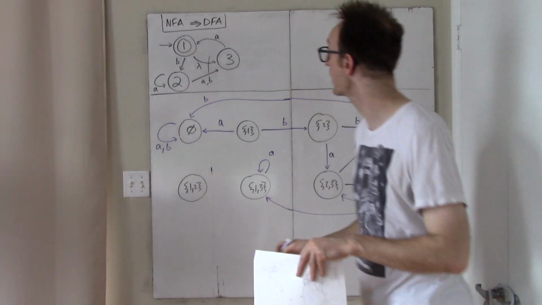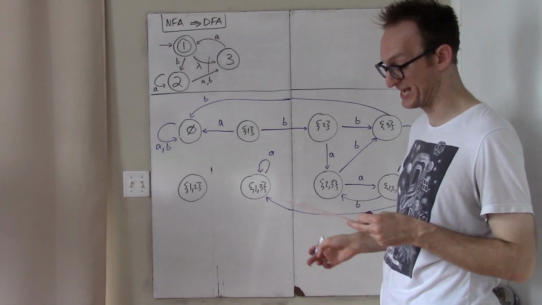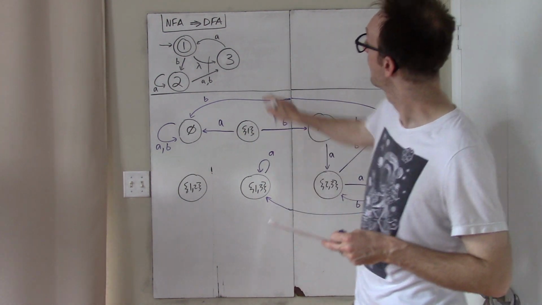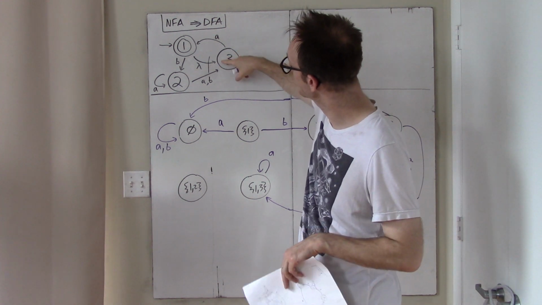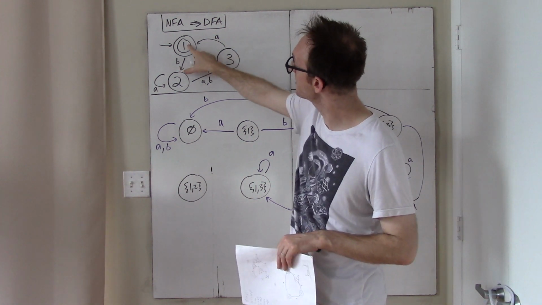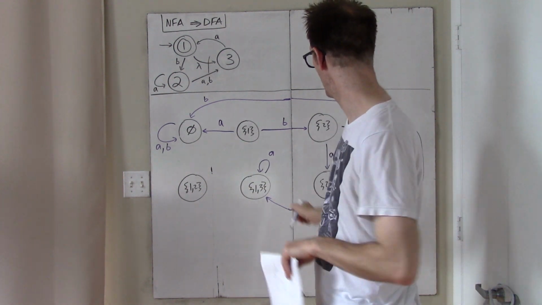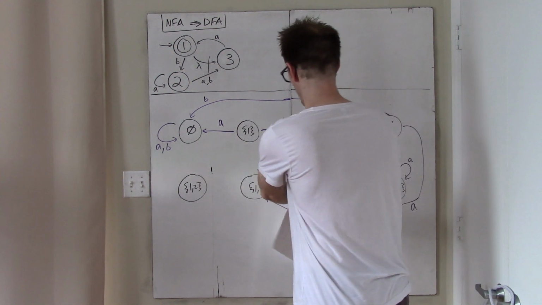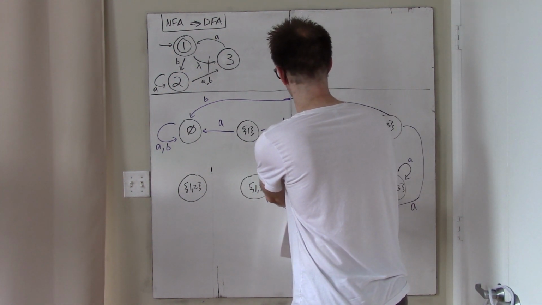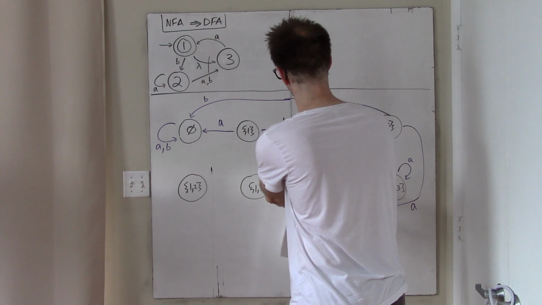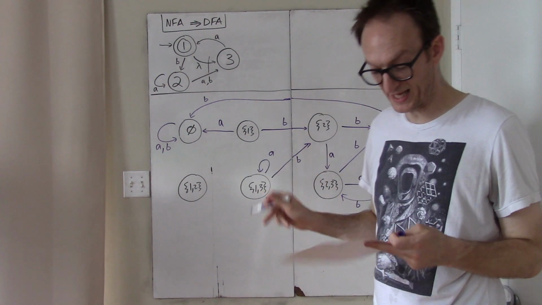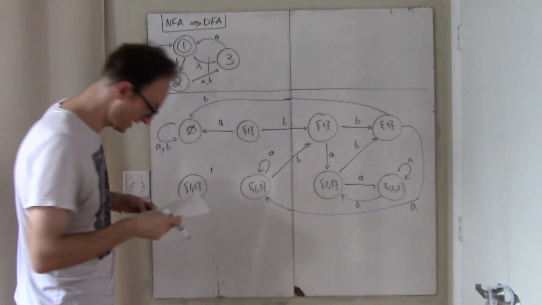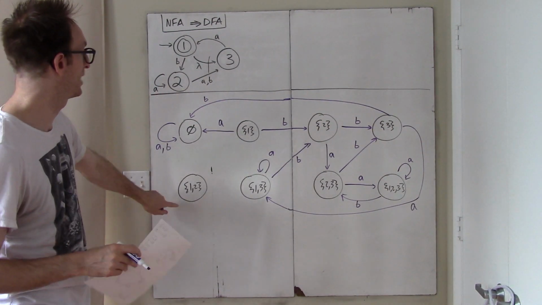And if I'm in state 1, 3 and I read a B, well, from 3 there's no rule for what to do when you read a B, but from state 1 if you read a B you're supposed to go to state 2. And therefore from state 1, 3 if I read a B I am supposed to go to state 2. Okay, finally if I am in state 1, 2, what do I do?